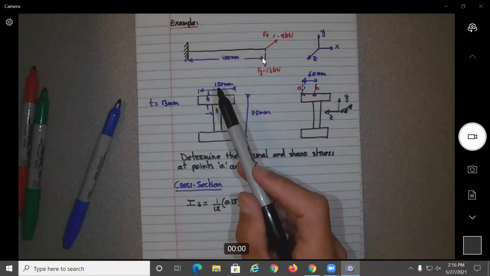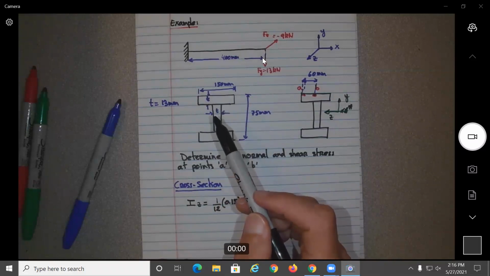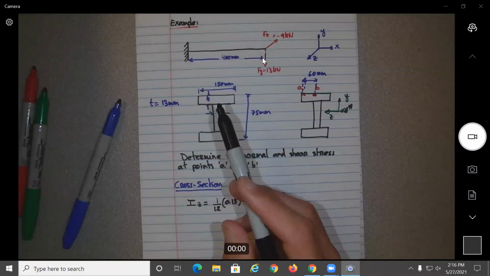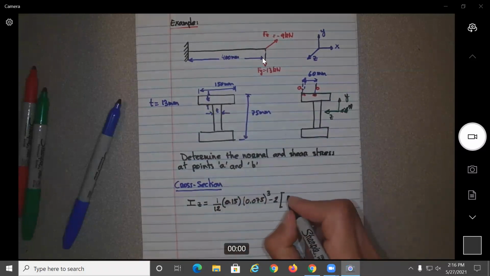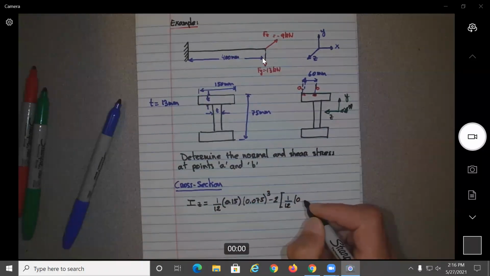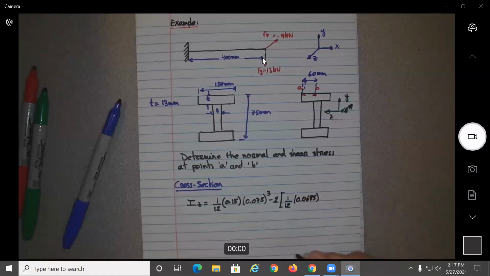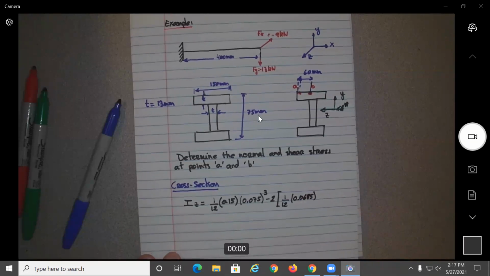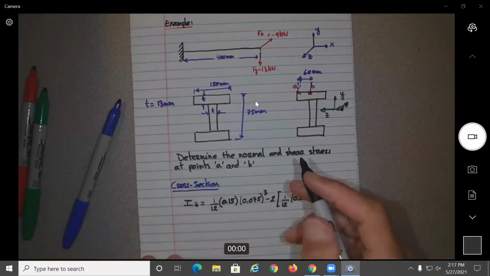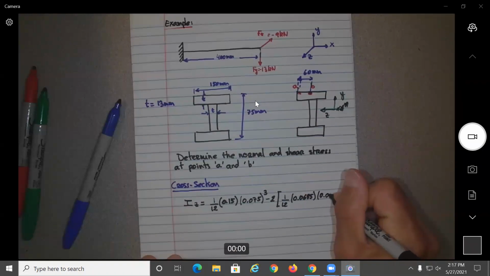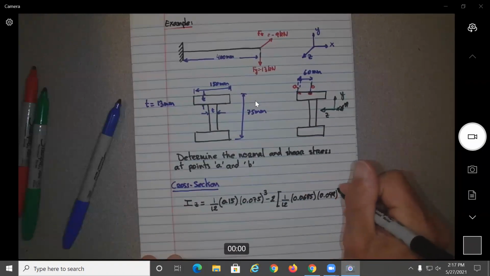So you will have 150 minus 13 divided by 2, which if my notes are correct should give you 68.5, which would be 0.0685, times 13 plus 13, which is 26, 26 minus 75, 0.049, and this should be cubed.